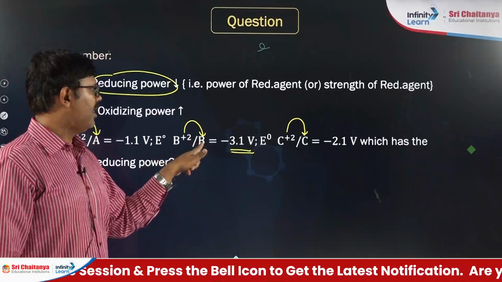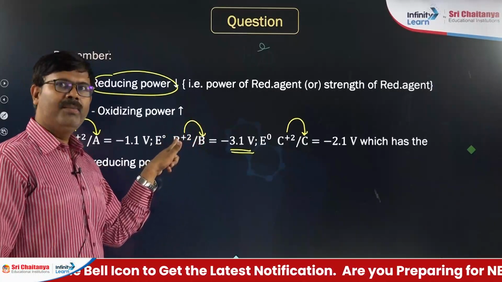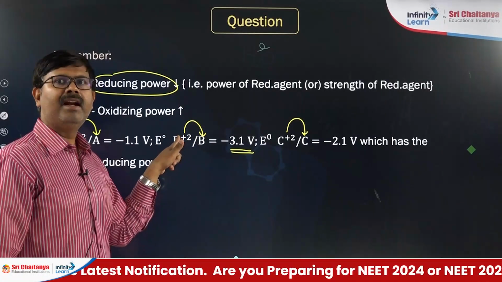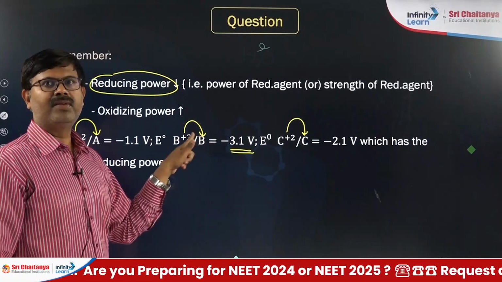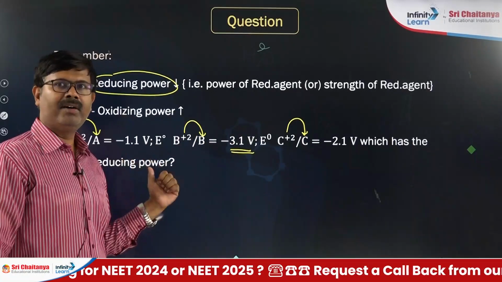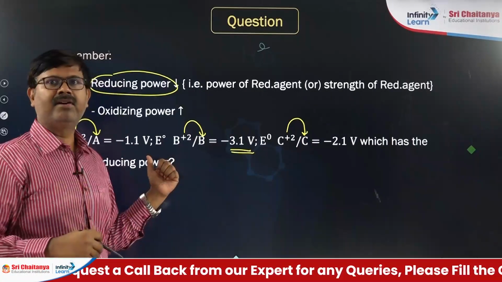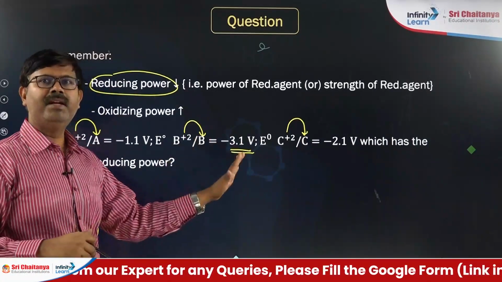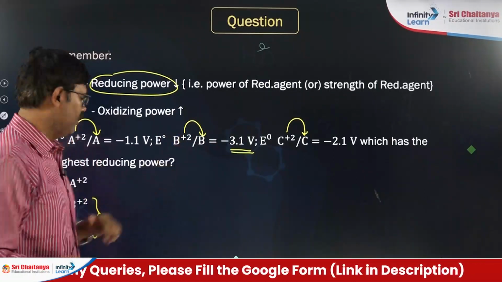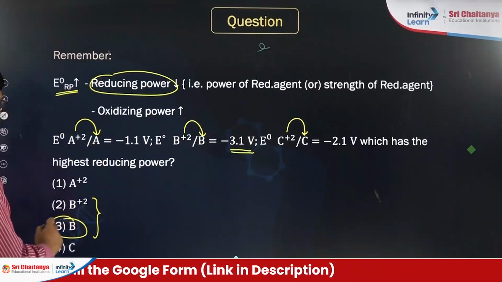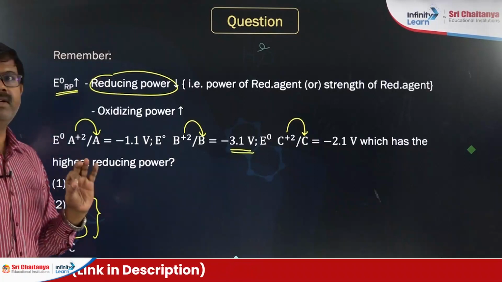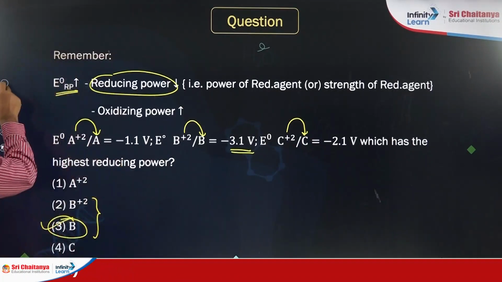B can undergo oxidation and convert into B plus 2. B plus 2 can undergo only reduction. So, highest reducing power means the species should reduce the other one, and hence it undergoes oxidation from B to B plus 2. Therefore, B is the species with highest reducing power. So, be careful in such problems.